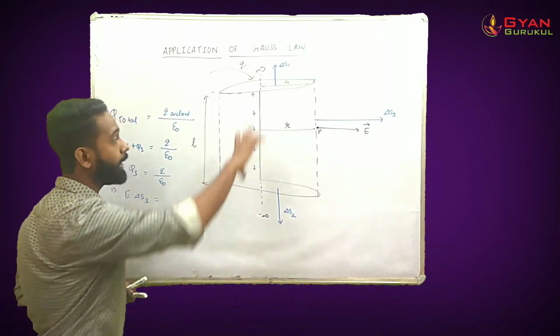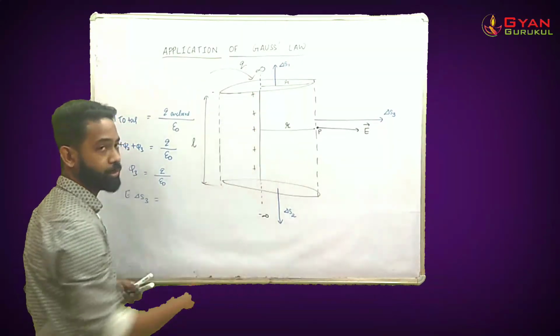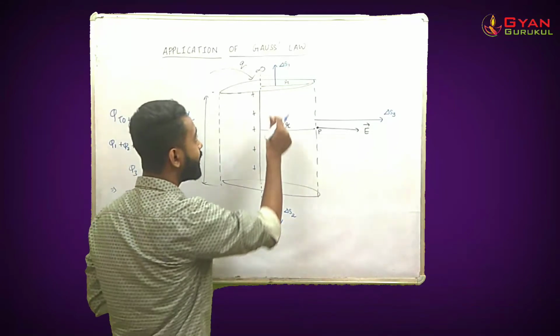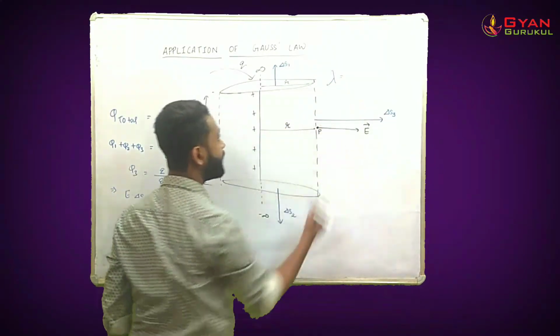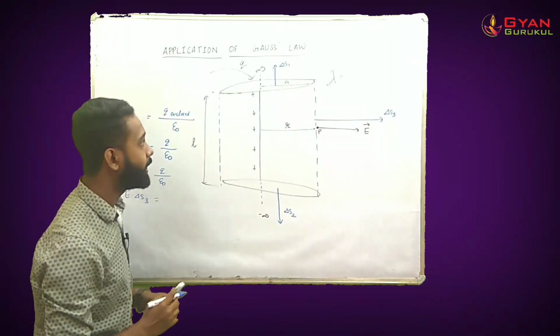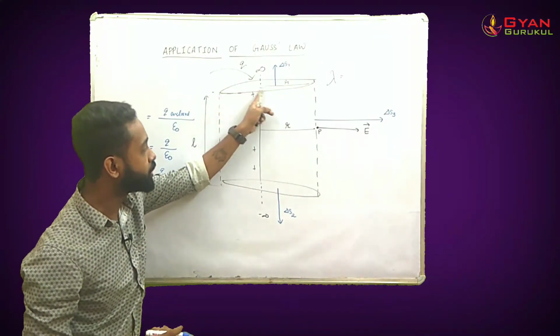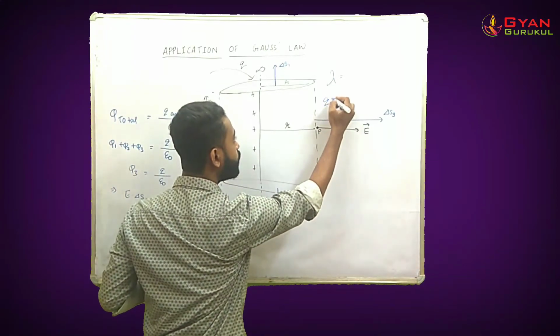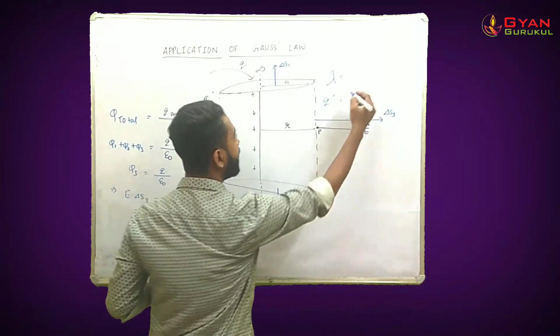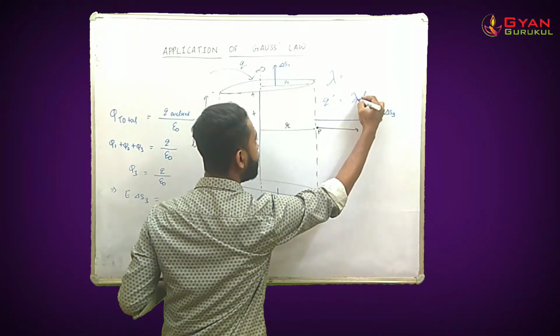Now what would be the Q enclosed by this particular length of line? We have already discussed that the whole line is uniformly charged and the uniform charge density was represented by lambda, right? So in order to find the charge for this particular length of line, if I take that as Q dash, that will be given by lambda times L, right?